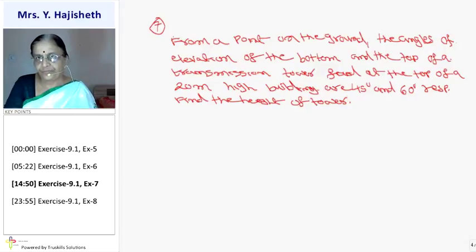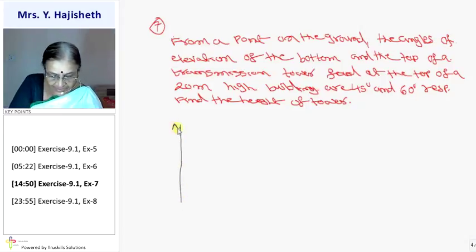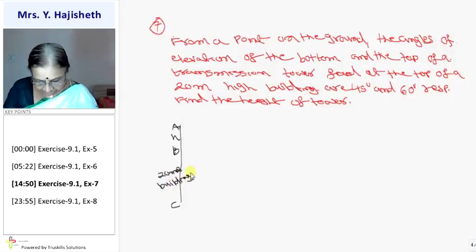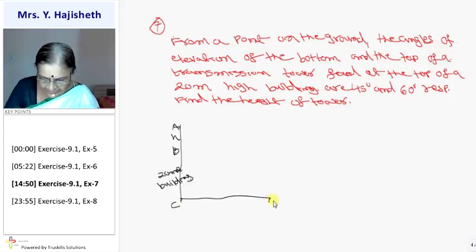Tell me. I will draw a line. I write here A, B, C. Why? Because AB is a transmission tower of height h and BC is a building of height 20 meter. Both are on the same line, okay? Clear? Now I will take one point on the ground, P, at a distance suppose x meter.